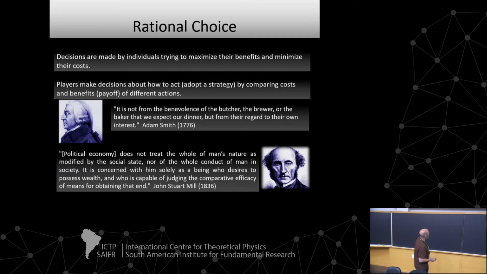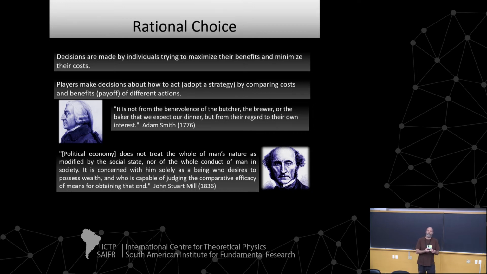So what is rationality? This is another concept that I told you before is very important because it somehow defines how the player behaves. In a game or in game theory, decisions are made by individuals that try to maximize their benefits and minimize their cost. So this is the idea of rationality. The players will make decisions about how to act.